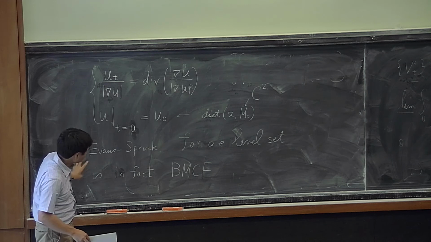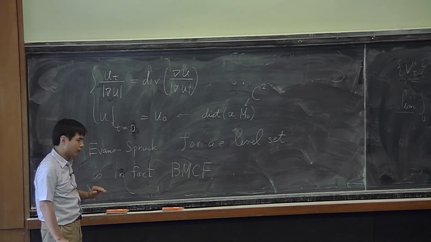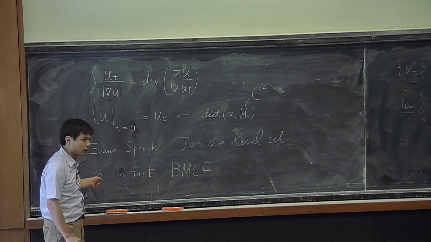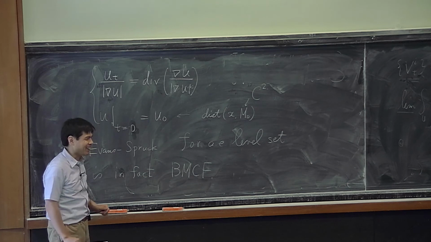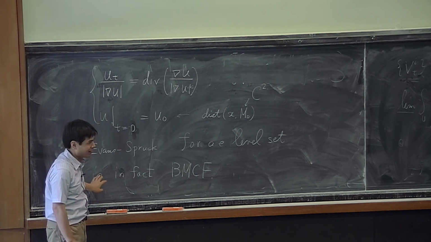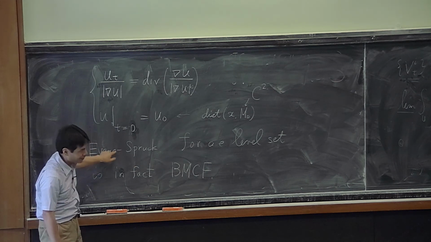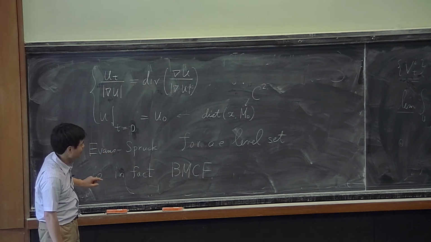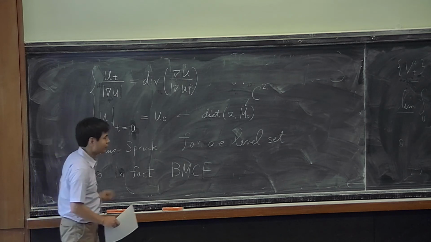But what you can prove is that almost all level set, not all level set, but almost all level set is in fact Brakke's mean curvature flow. So this is the one answer to Tatiana's question. Actually, it does exist, at least for hypersurface case, except that you have this kind of genericity: you can't say it's all level set, but almost all level set, at least, is Brakke's mean curvature flow.